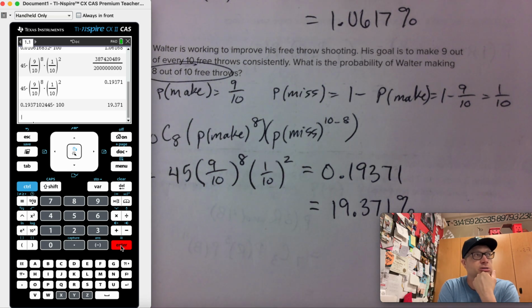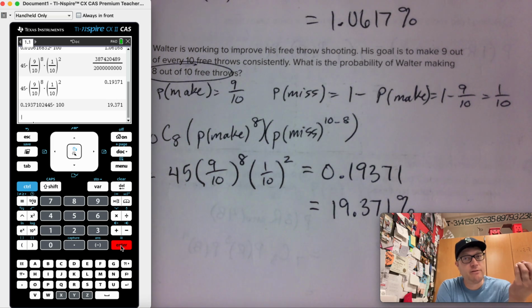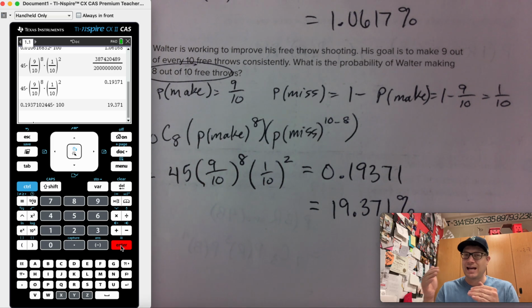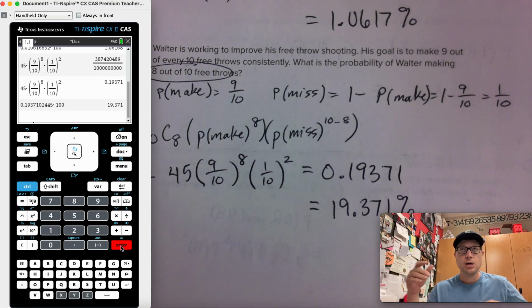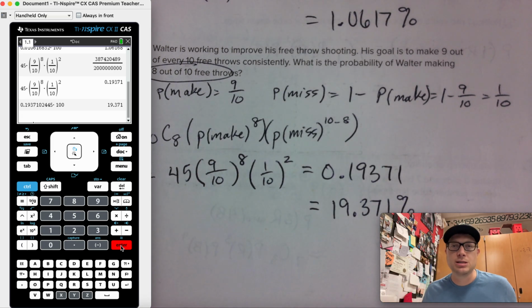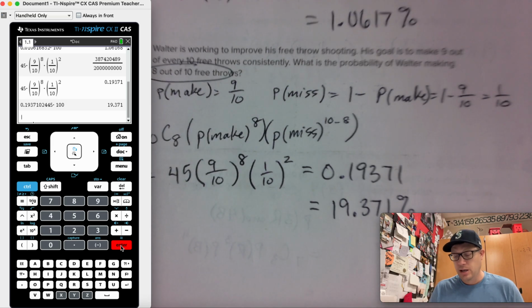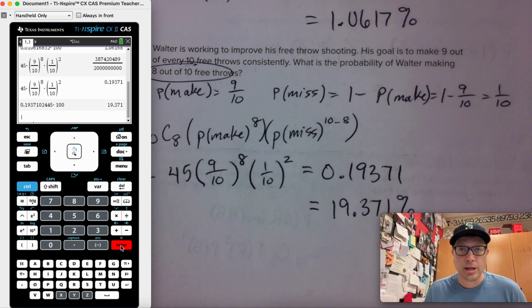What's the difference? You see, the thing is, independently of each other, his chance of making one free throw is 9 out of 10. But as soon as you start layering and stacking in multiple shot attempts, being consistent, that consistency scale goes down. That's why they evaluate NBA players so strongly.